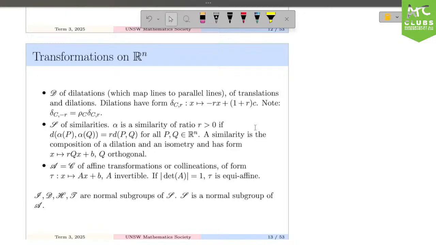If the determinant of A is either 1 or negative 1, it is equiaffine. Now, the isometries, the dilatations, the half-turns, and the translations are normal subgroups of the similarities. And the similarities are a subgroup of the affine transformations, such as collineations.